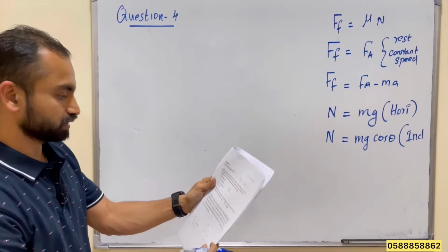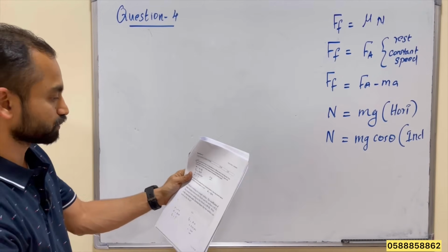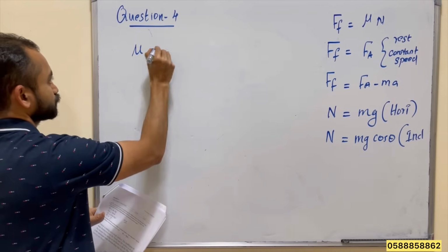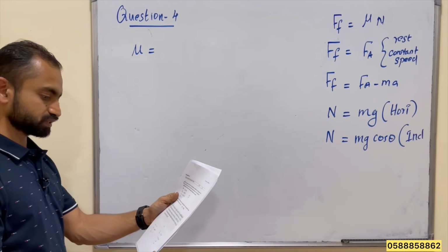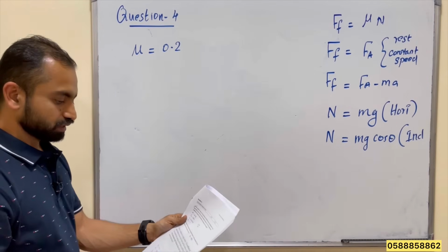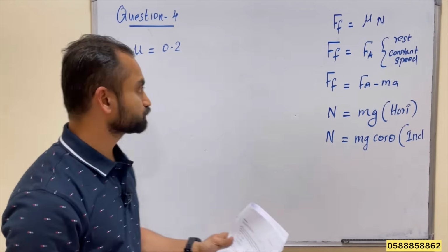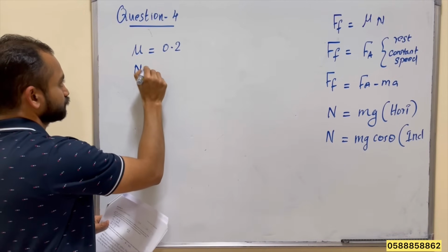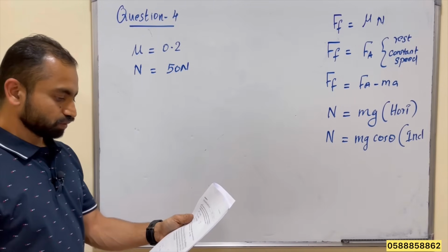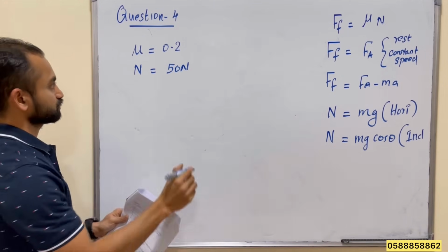So what is given here? A block is resting on a rough surface. The coefficient of static friction between the surfaces is 0.2. The normal force acting on the block is 50 Newton, directly given. What is the maximum static friction that can act?